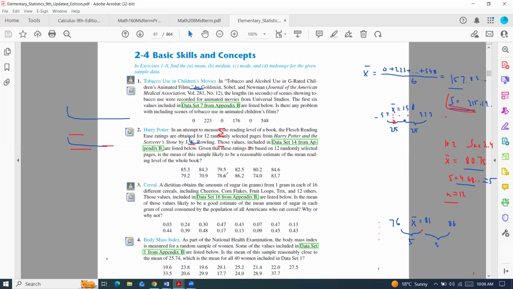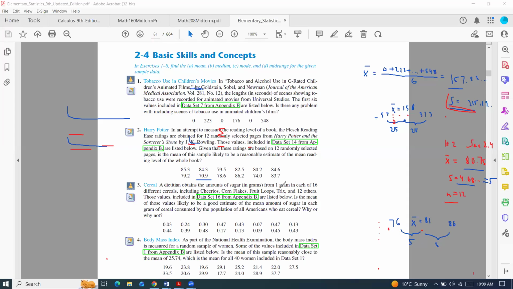Well, if you look at the actual sample elements, you'll see this is not the case, because the smallest is 70.9, right?